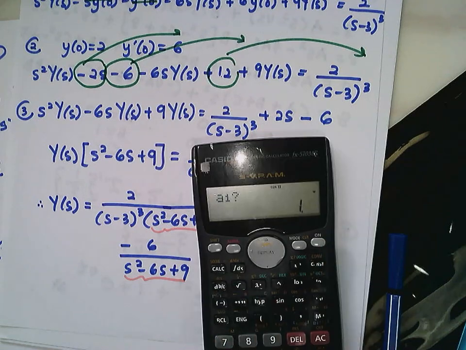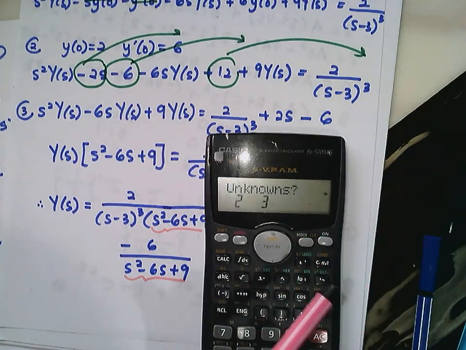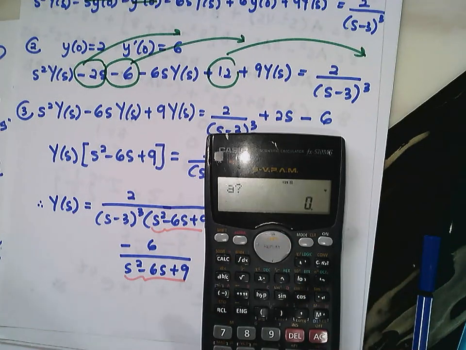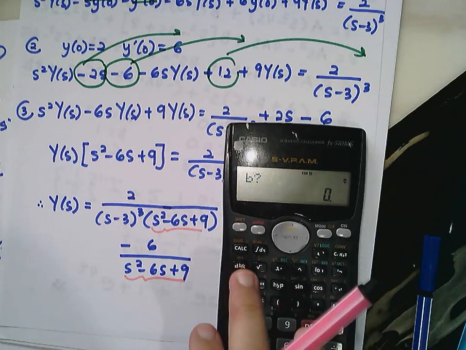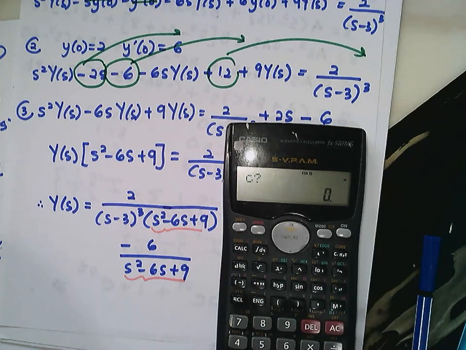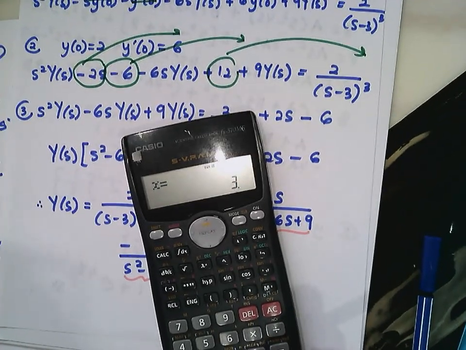So let's try to factorize this one. Equation degree 2. So your A is equal to 1, your B is equal to negative 6, and your C is equal to 9. So as you can see here, you can factorize it. Your x is equal to 3.